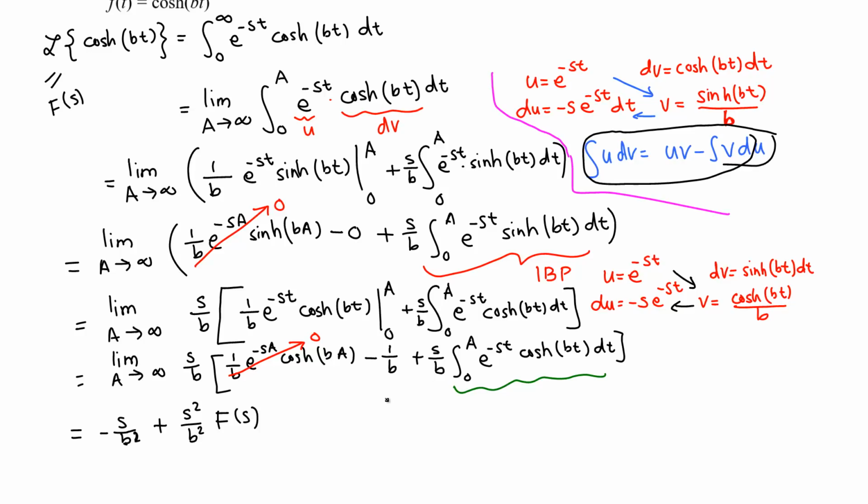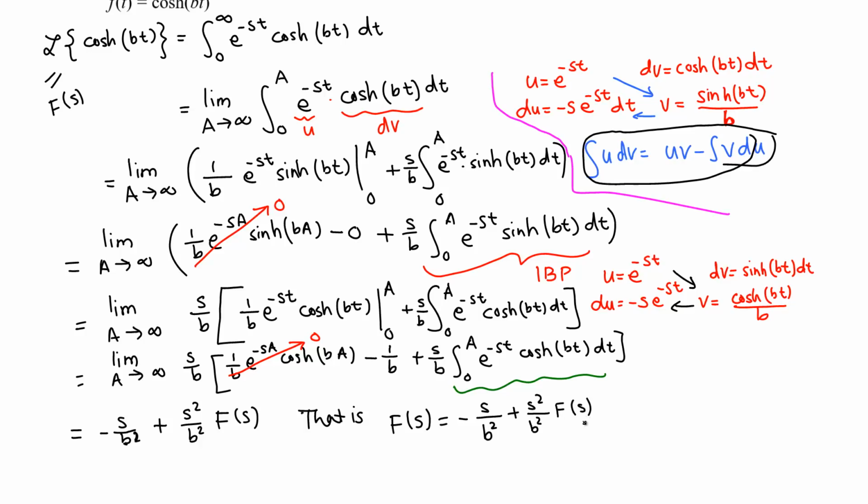So this is, let me write here, the Laplace of lowercase f, the given function, F(s), is equal to negative s over b squared plus s squared over b squared times the Laplace again.